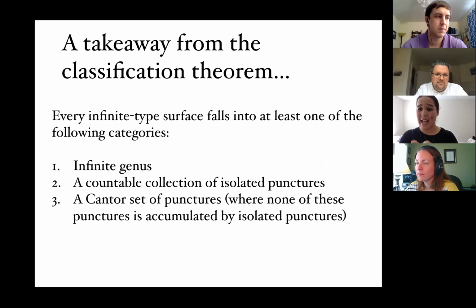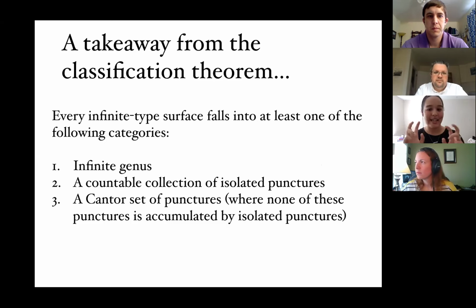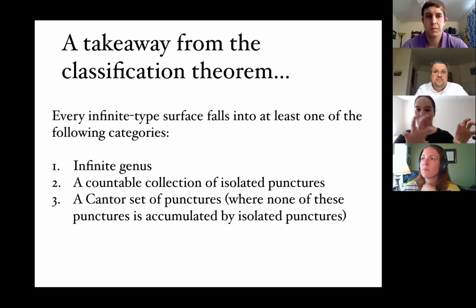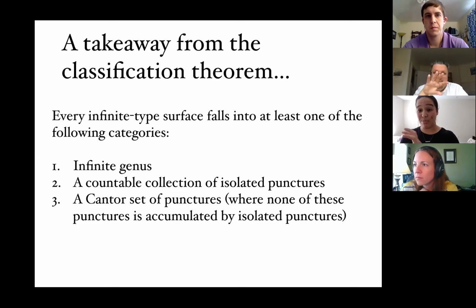We either get an infinite pool of genus, or a countable collection of isolated punctures, or a Cantor set of punctures, with the caveat that it's a clean Cantor set. We don't have any of those punctures accumulated by isolated points. So this is the chunking that I'm going to do of my infinite type surfaces. And now all I have to do is produce that little lamplighter picture for each of these three types of surfaces.